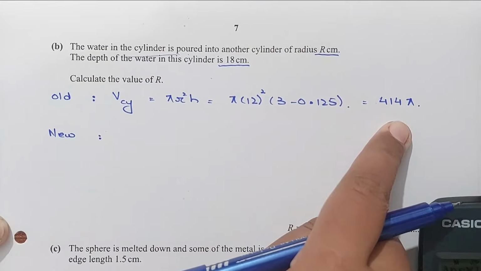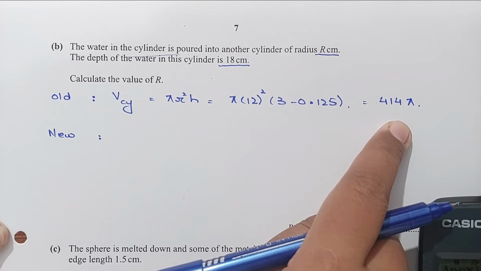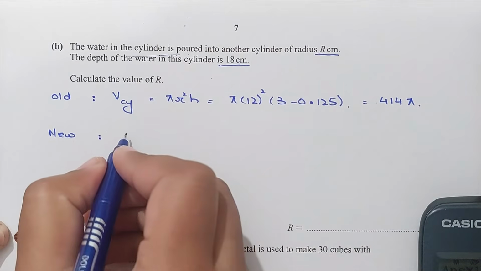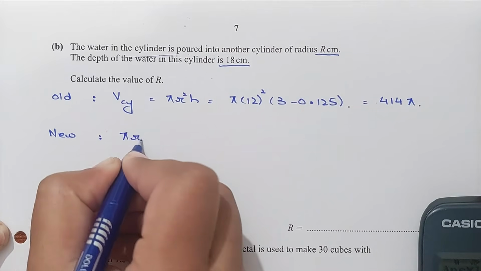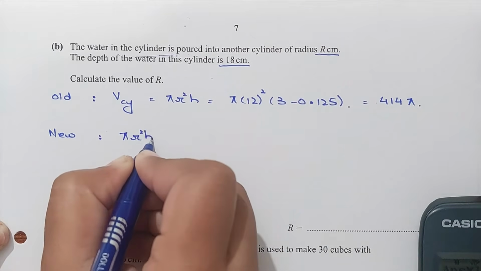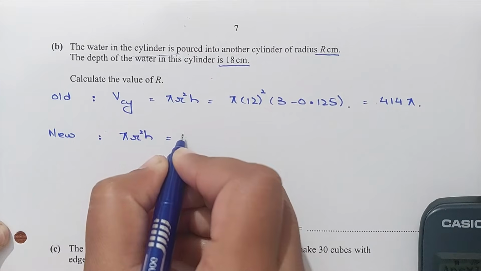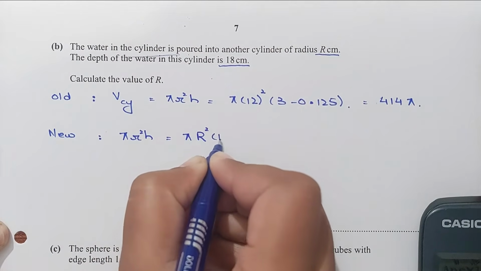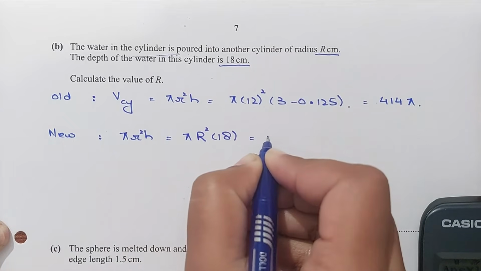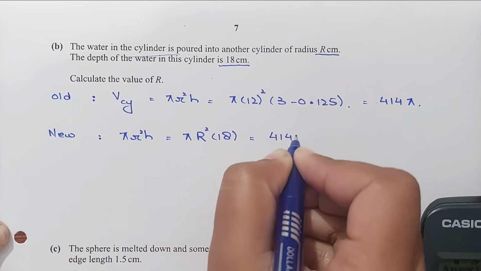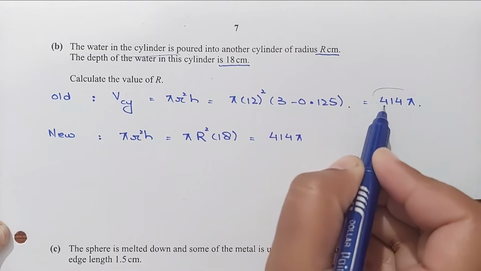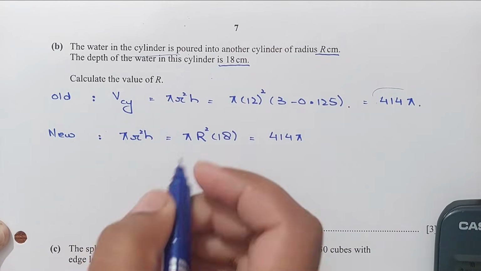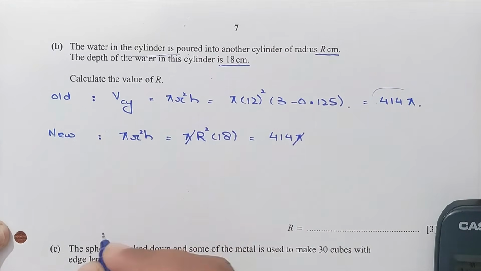When this volume is poured into a new cylinder, it should be pi r squared h, right? So this is pi, the radius we have to find, and the height is 18, and this should be equal to 414 pi, because this much volume is poured into the new one, right? So we can cancel the pi's on both sides.